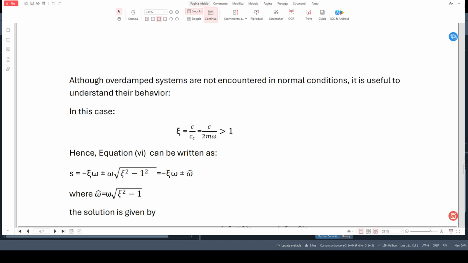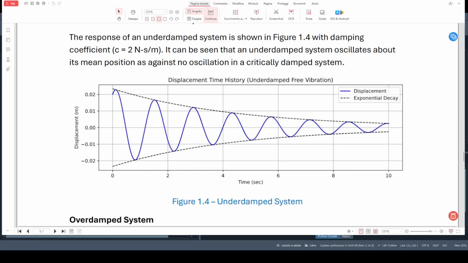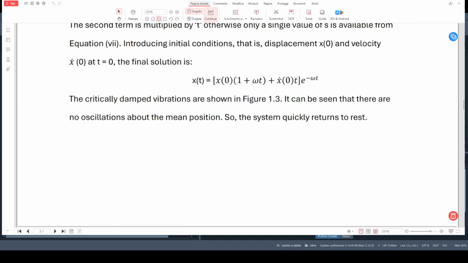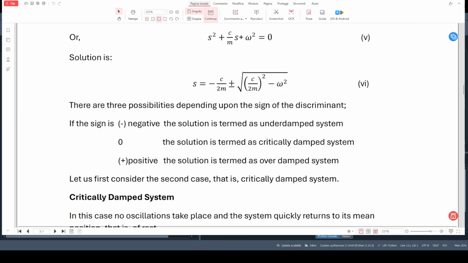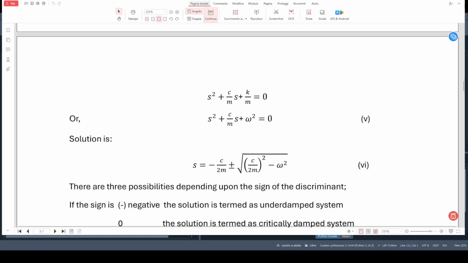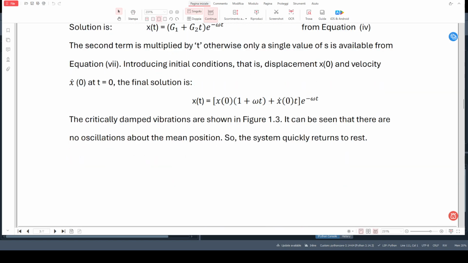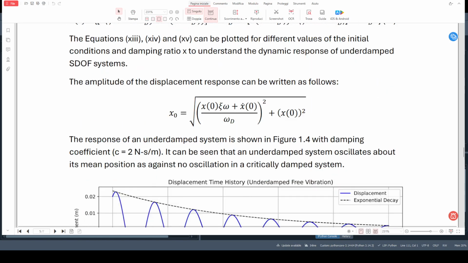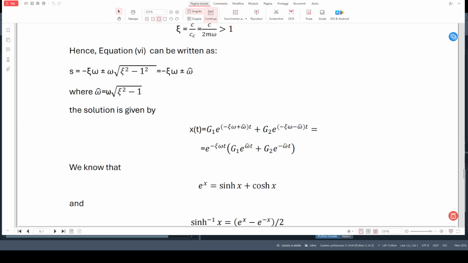So remember equation 6. This equation we can rewrite in this case in this way: s is equal to minus Xi times omega plus or minus omega times the square root of Xi squared minus 1.